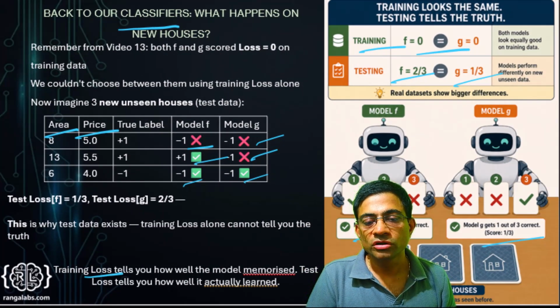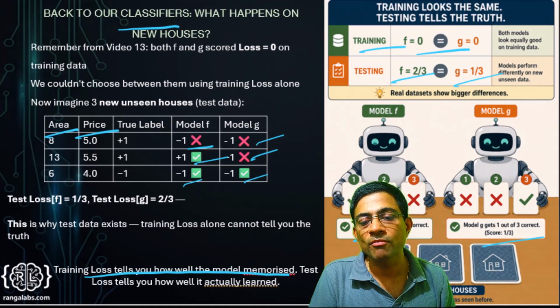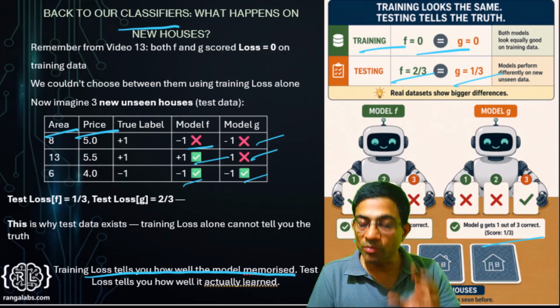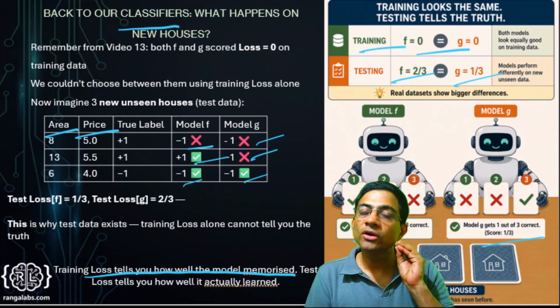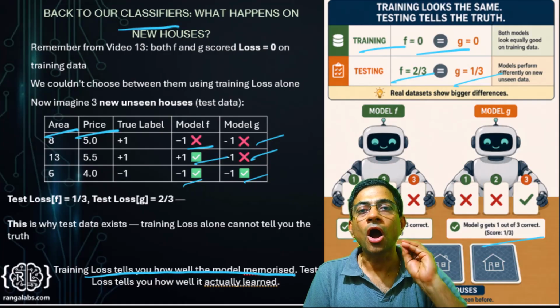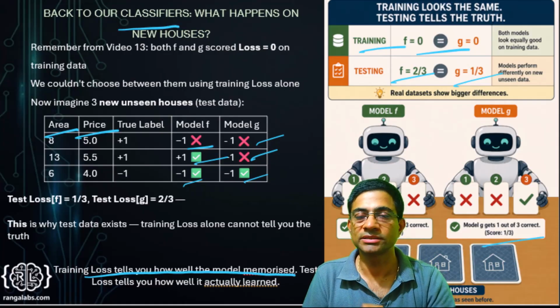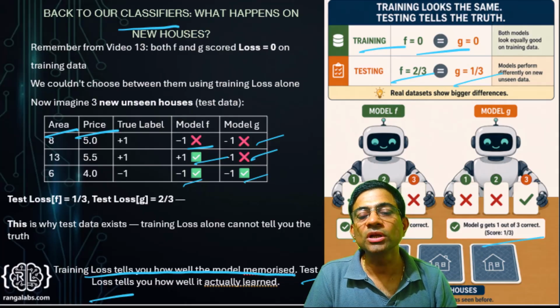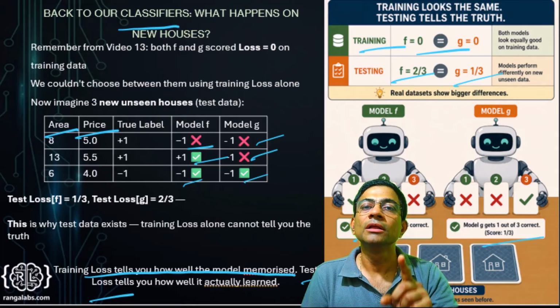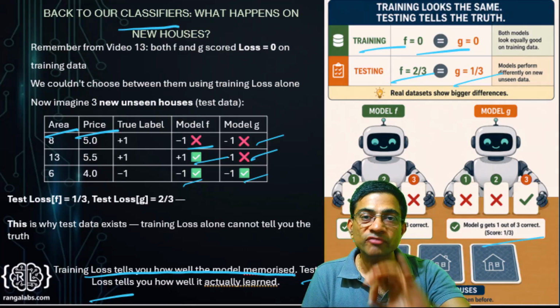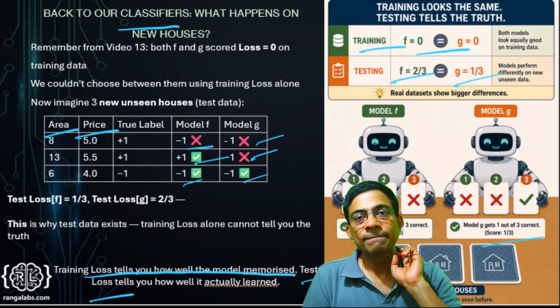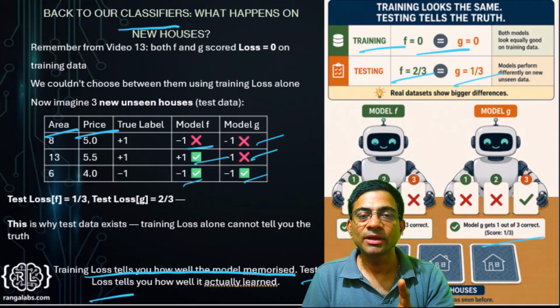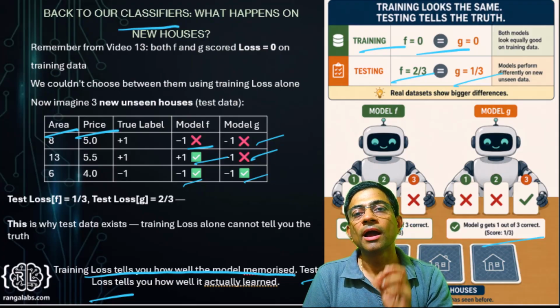Training loss tells you how well the model memorized. Remember this: training loss only gives how good the model can memorize. The test loss actually tells you how well the model actually performed. That's the difference, the model memorizing versus the model learning and performing.